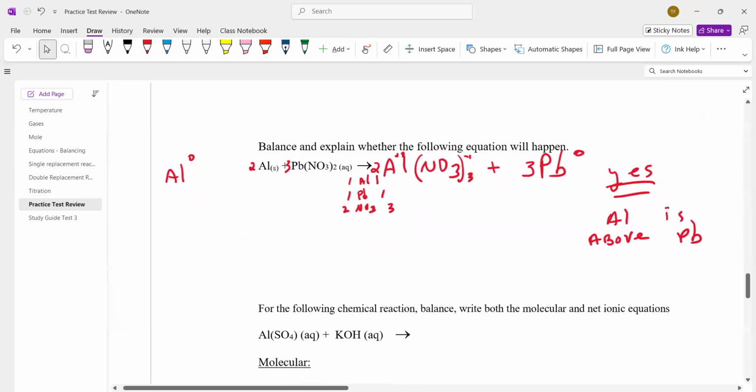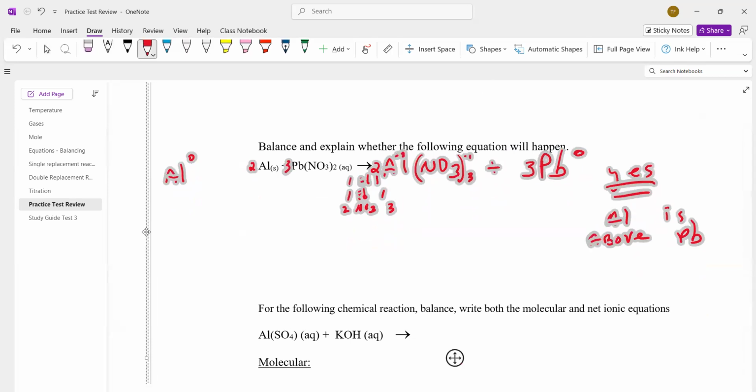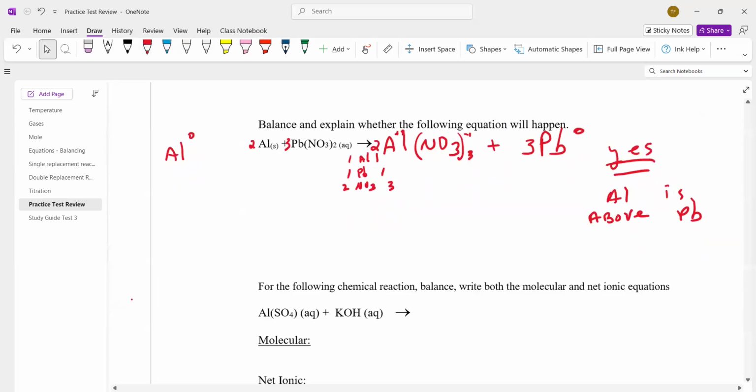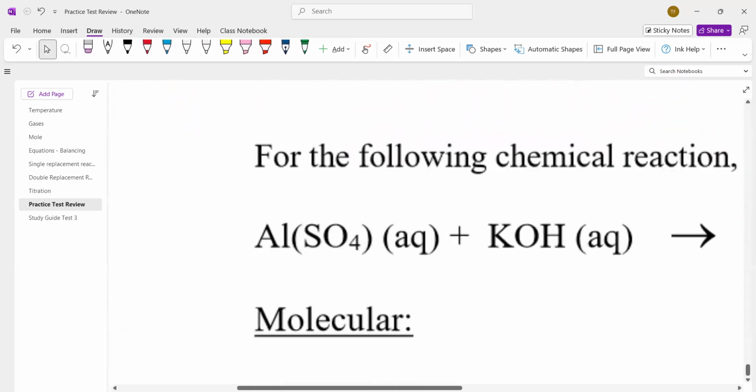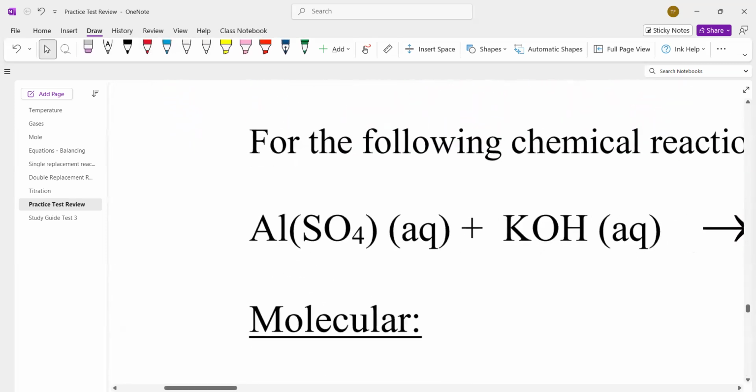Okay. Next one. We have aluminum again, aluminum sulfate. The sulfate's -2, aluminum's +3. We need to balance the charges.